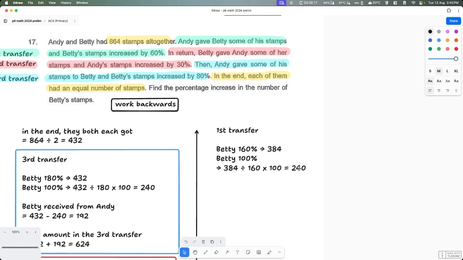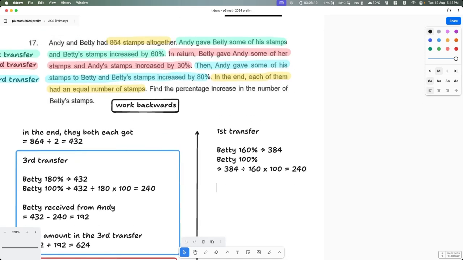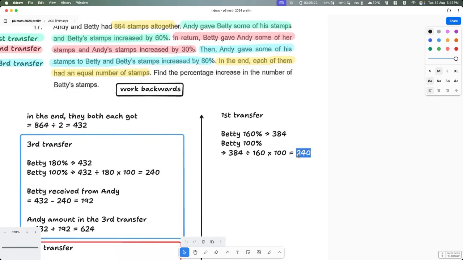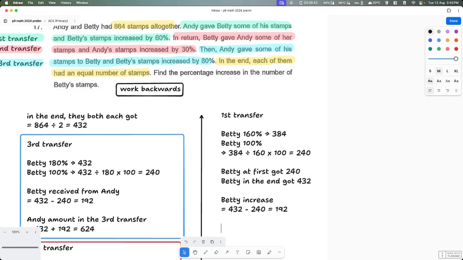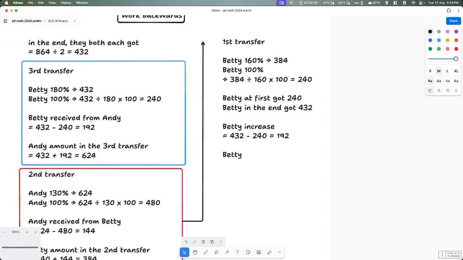So we know Betty at first had 240, and in the end got 432. So Betty's increase is 432 minus 240, which is equal to 192.